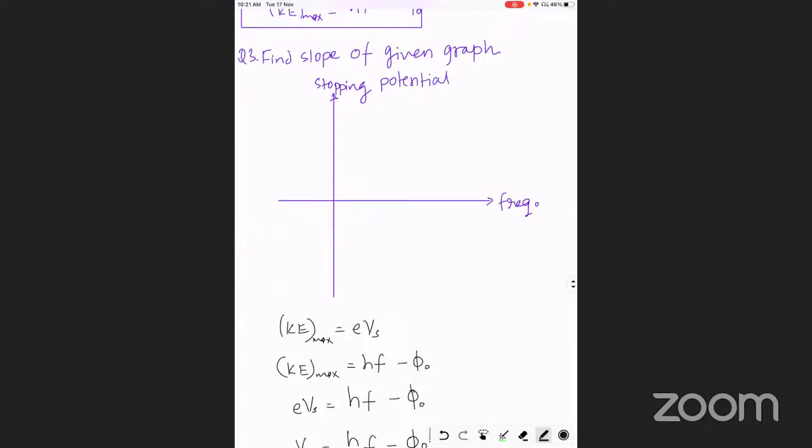So we make a graph. The nature of the graph will look the same, but there will be a difference in the y-intercept.